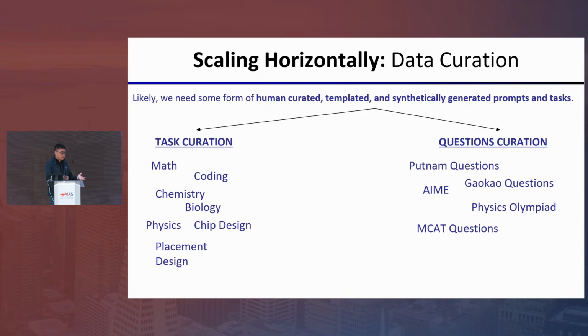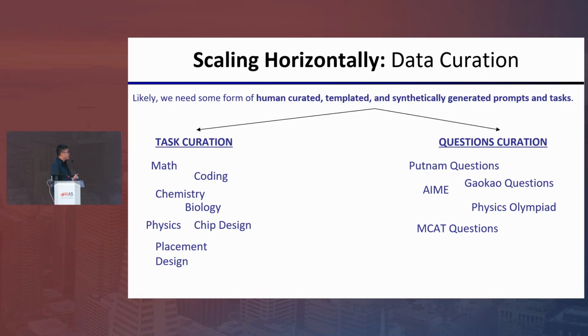So there will be lots of tasks we are tackling at this time, which actually, by the way, also give rise to lots of rising companies who provide data services recently. So we need some form of human curated, templated, and also at the same time synthetically generated data.